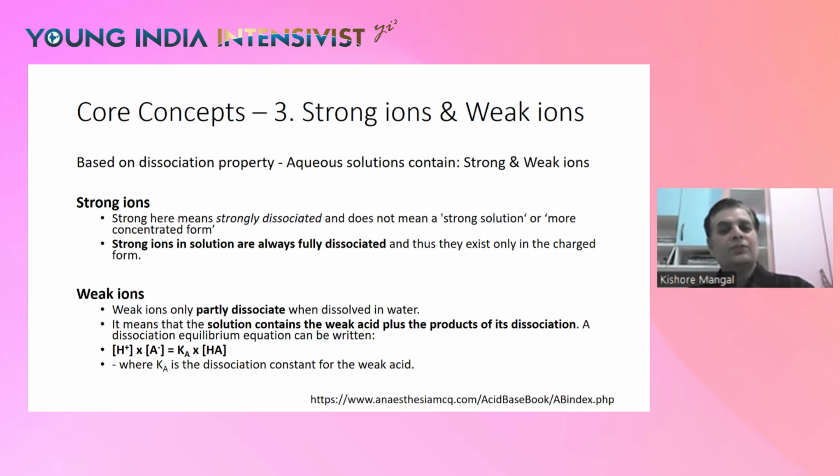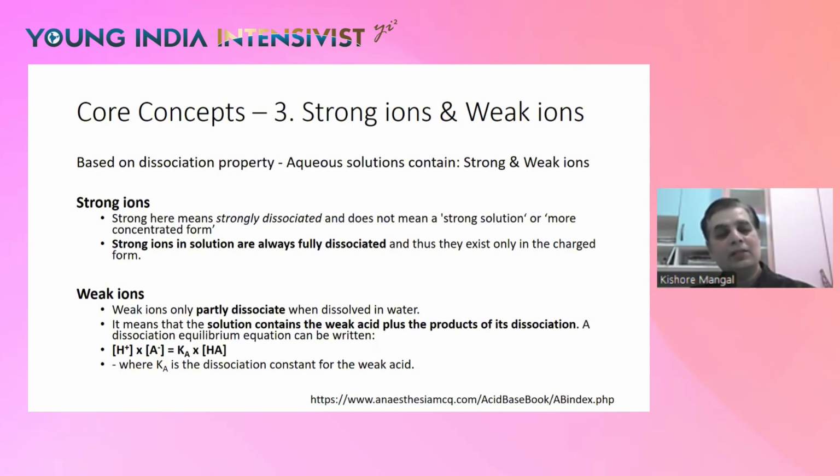So based on the dissociation property of any compound, aqueous solution contains strong and weak ions. Strong means strongly dissociated. Okay, it does not mean more concentration or strong solution, but it is related to the dissociation. So strong ions in solutions are always fully dissociated and thus they exist only in the charged form.